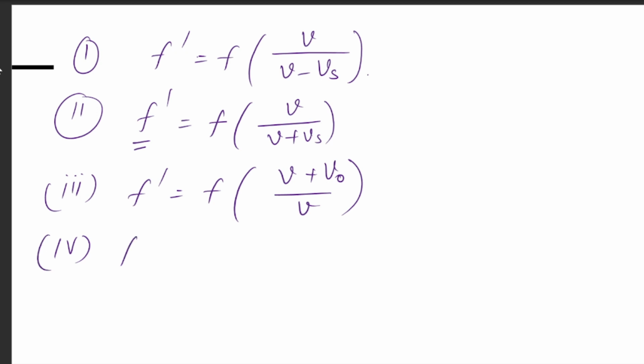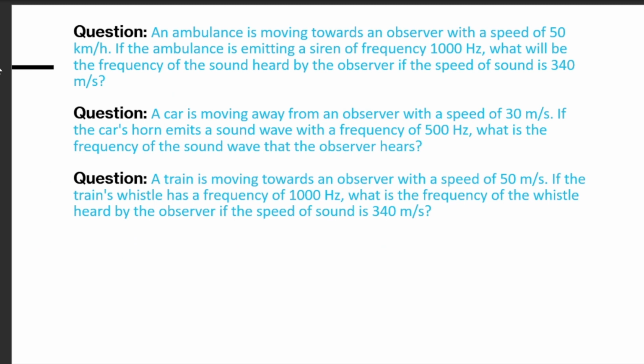And the fourth one is for when the source is stationary and the observer is moving away from the source, f dash is equal to f (v minus v naught) by v. So these are the four formulae which we have just derived, and we understood this in detail. Now let's go and solve one question.